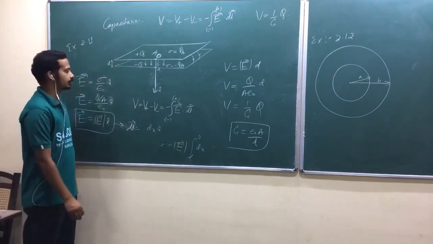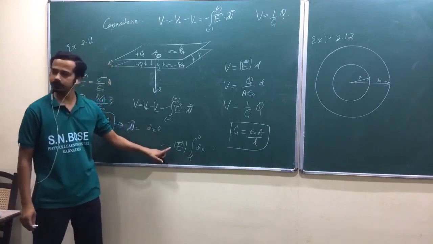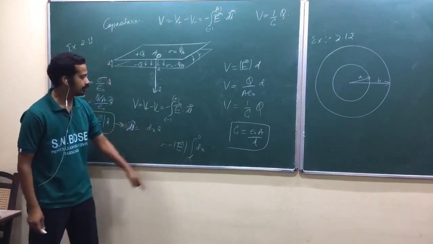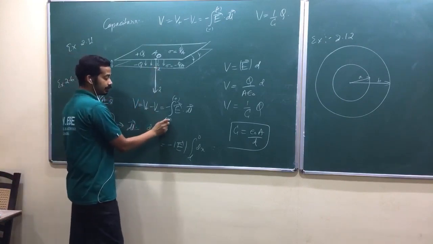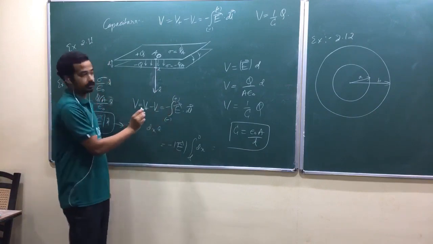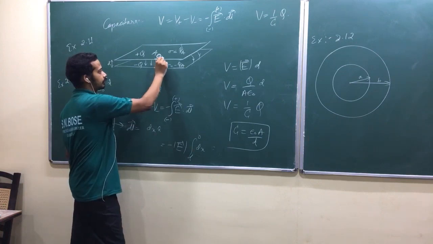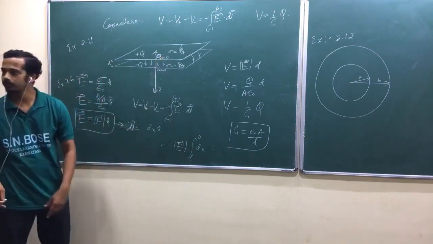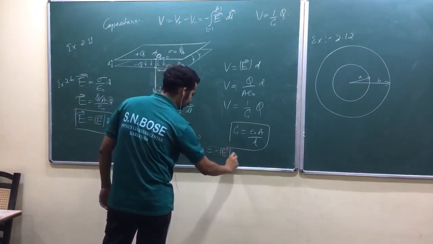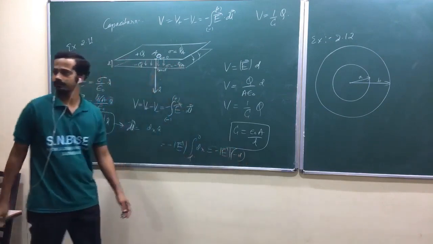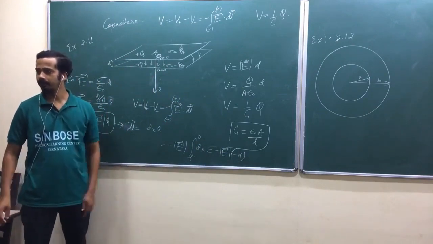Is that okay? So now, look at here, when you integrate this one, that negative sign will remain. Your line integral is from the negative plate to the positive plate. You are going from x equal to d to x equal to 0. It will introduce one more negative sign. This is minus d, isn't it? Minus mod of electric field into minus d. Ultimately, it is positive.